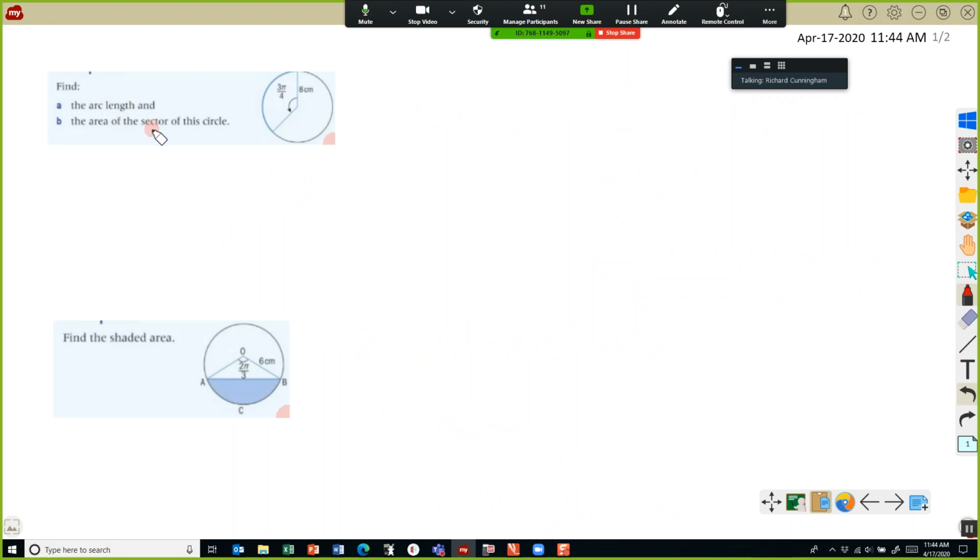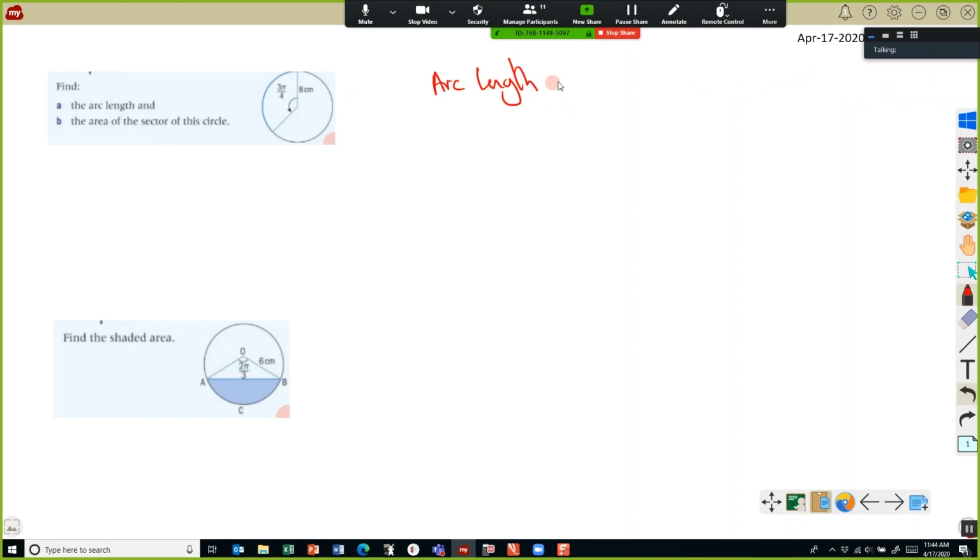Find the arc length and the area of the sector of the circle. Okay, so we said the formula for arc length is theta times the radius. What is theta? Three pi over 4, and we're multiplying that by 8. Okay, and that's the same as 8 over 1, so 3 8s are 24 pi over 4.